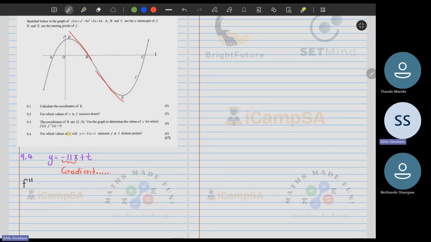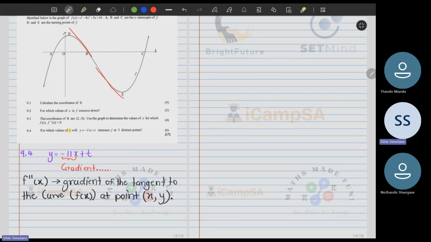And remember that the first derivative is by definition the gradient of the tangent to the curve at a point x comma y.